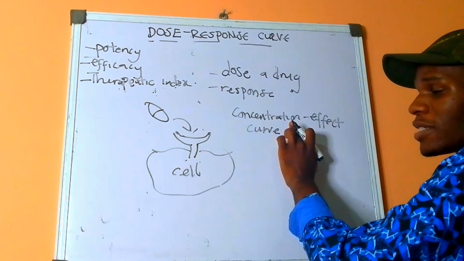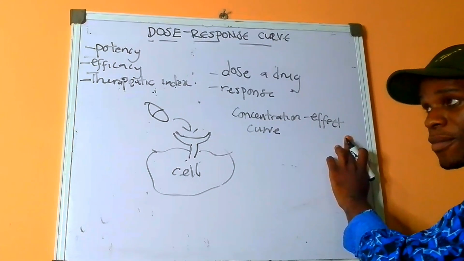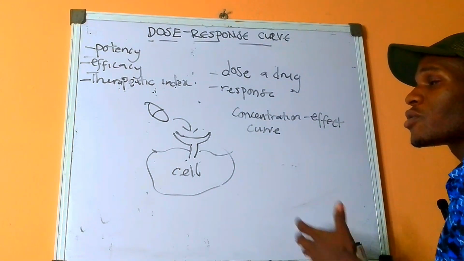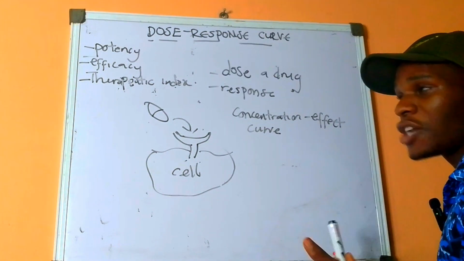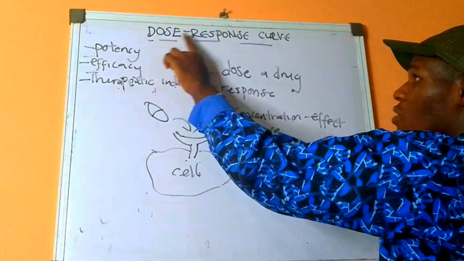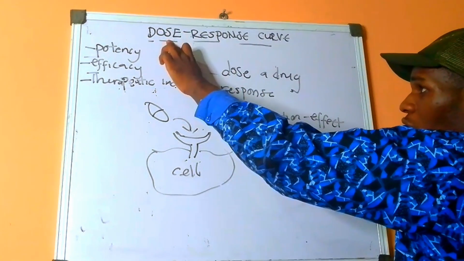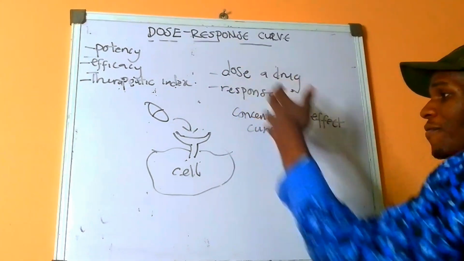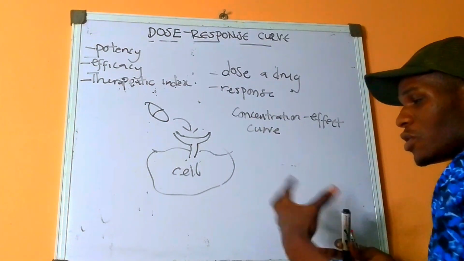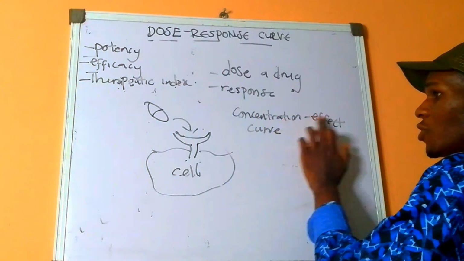Concentration as in experimental studies and effect as in giving pharmacological effect. But when we are talking about real life pharmacological clinical trials, we are looking at dose response. We are looking at the dose of the drug and the response, whereas for experimental studies in the lab, we are looking at concentration and effect.